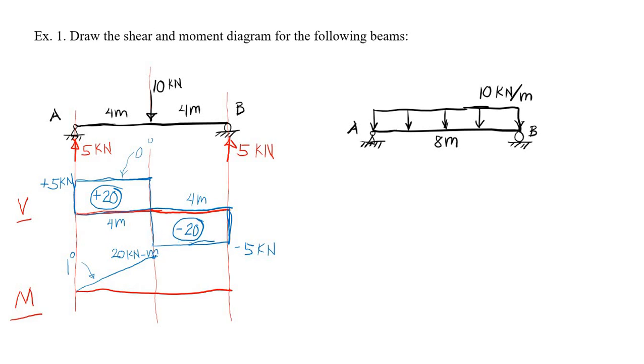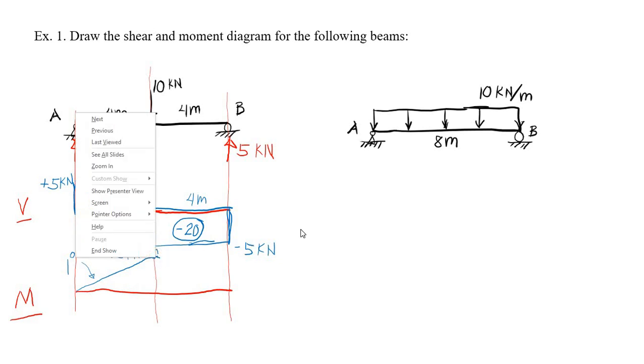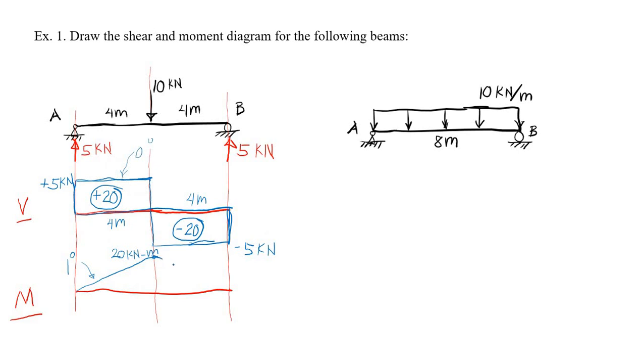And from this point to this point, 20 minus 20. And since this is negative, then the slope must be downward. So you have 20 minus 20 is 0.